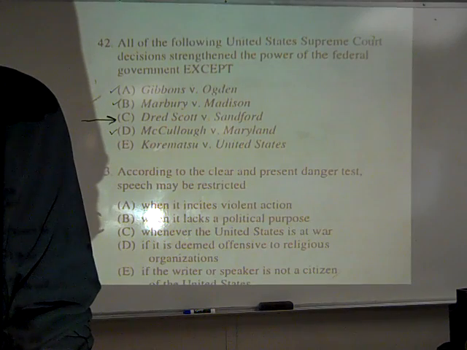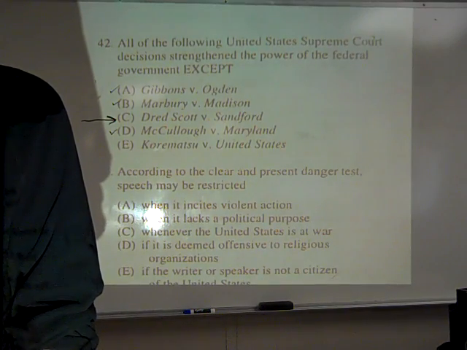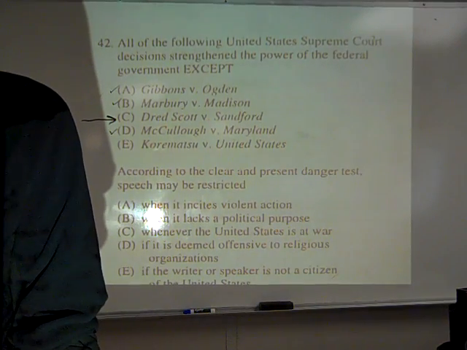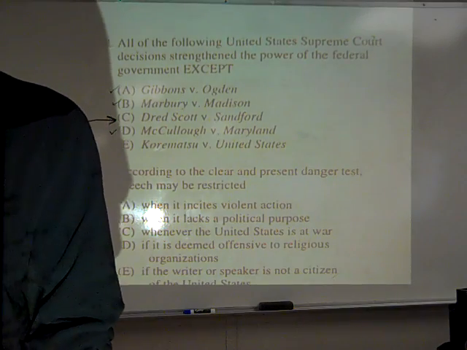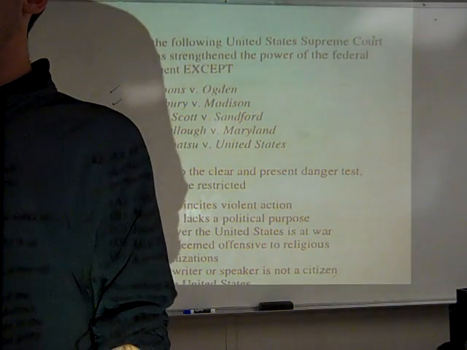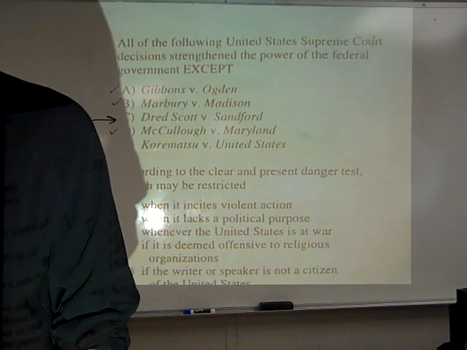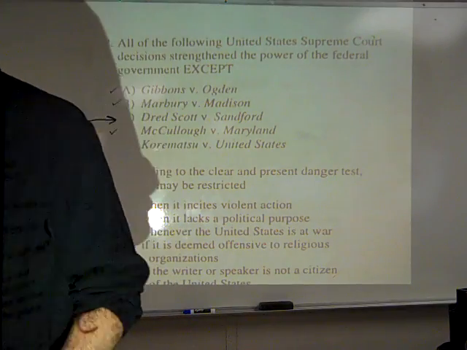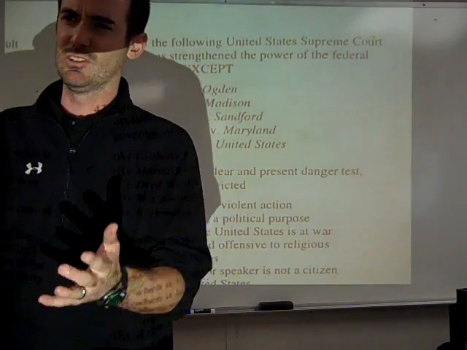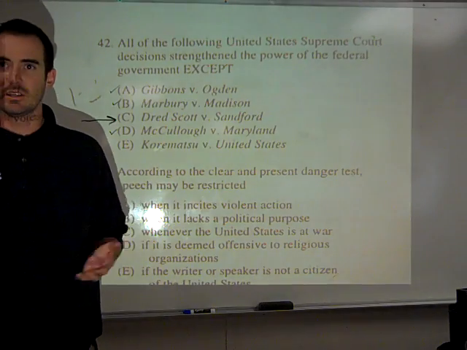Korematsu v. the United States was a case where, I don't like the outcome, but an executive order was issued by the president during World War II to round up Japanese American citizens, Americans of Japanese descent, and imprison them in internment camps in case they were spies for our Japanese enemy.